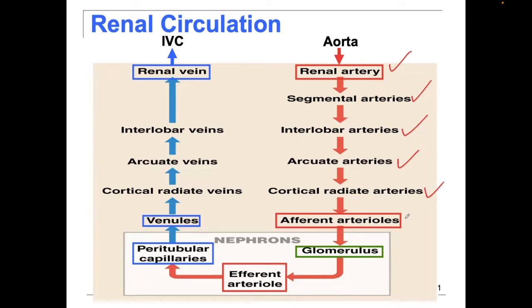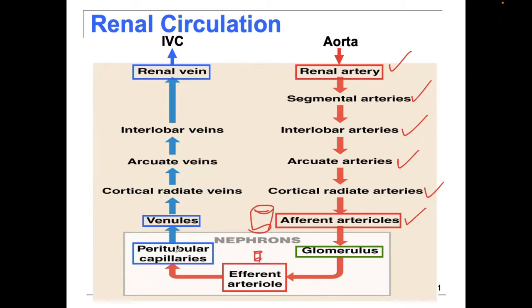Off the cortical radiate is the infamous afferent arteriole. The afferent arteriole leads into the glomerulus. There's an efferent. Remember, the afferent was the blood vessel that was very dilated, and then the efferent blood vessel was much more restricted and constricted.